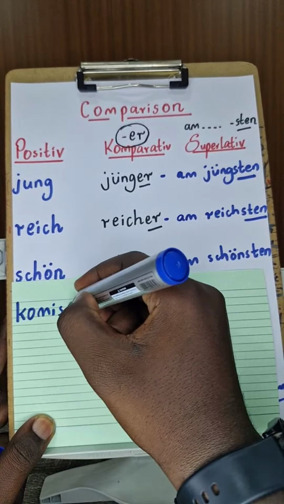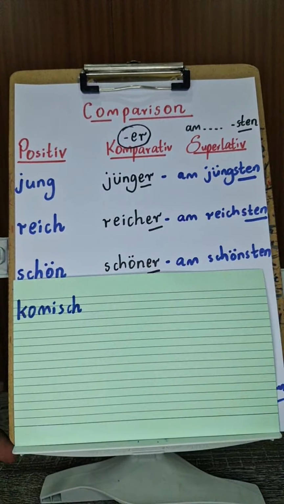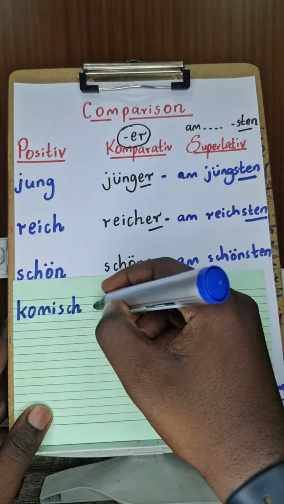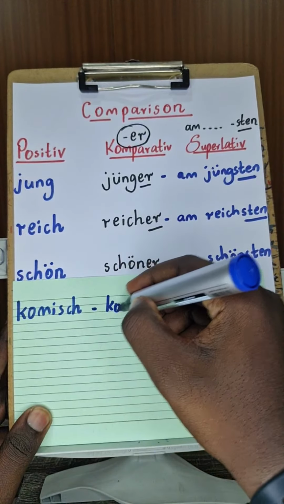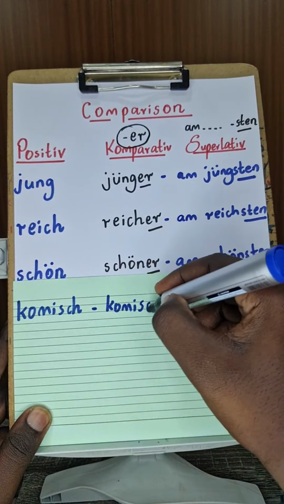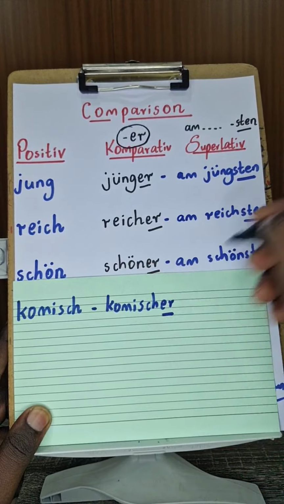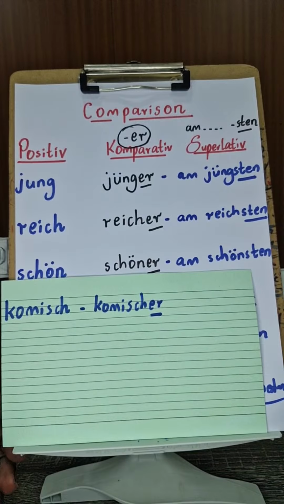So I'm referring to this one here. Komisch, in the comparative, would become komischer. You simply add the er, and it becomes komischer, funnier.